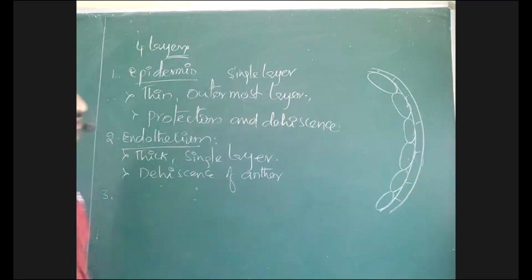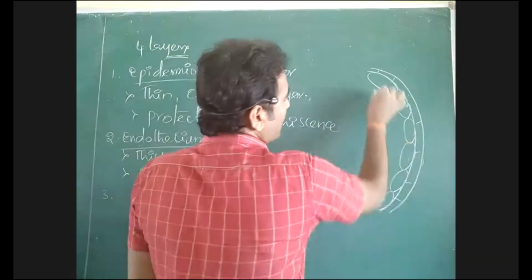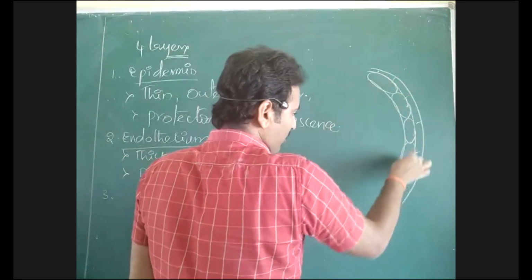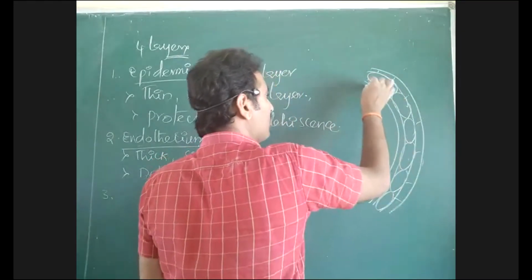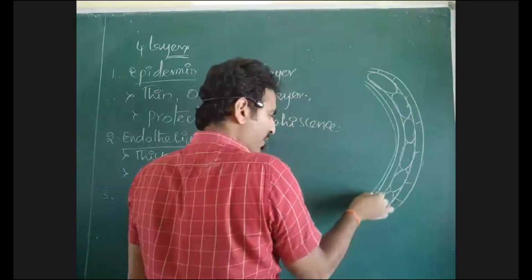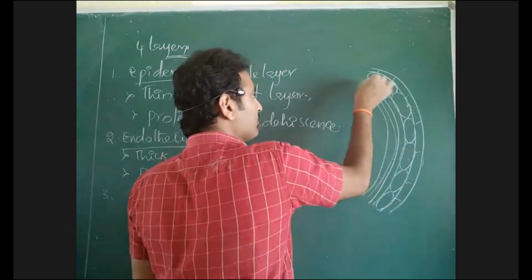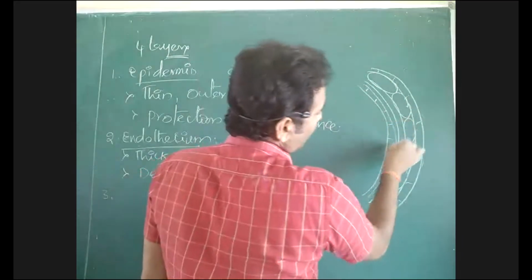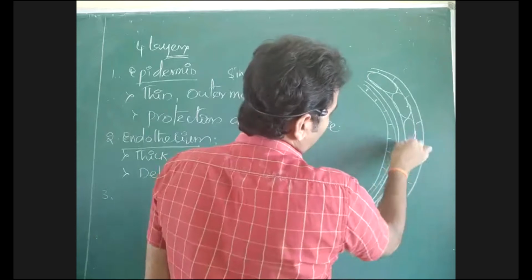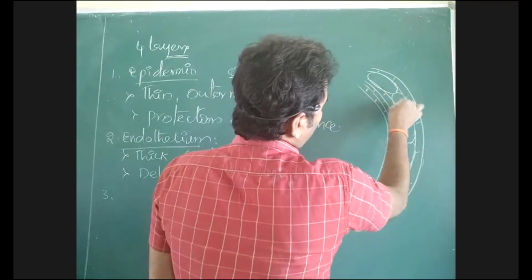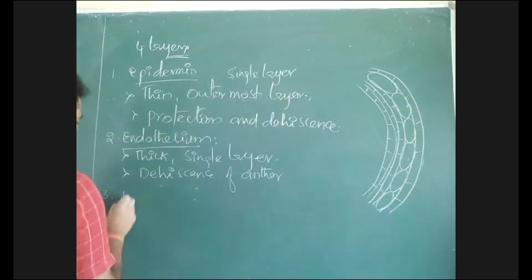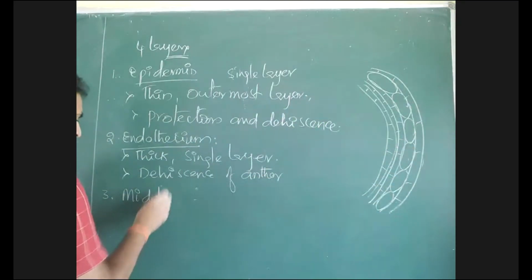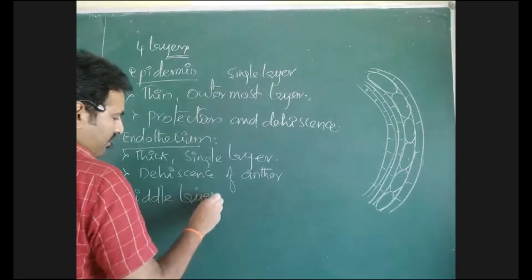Then the third one: below the endothecium there are 1 to 5 wall layers called middle layers. The third layer is the middle layers.